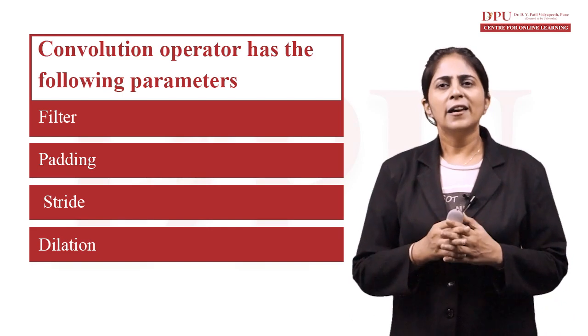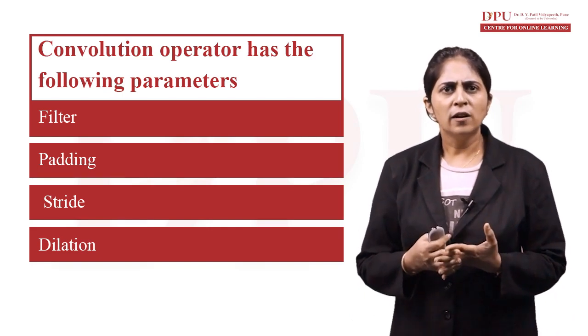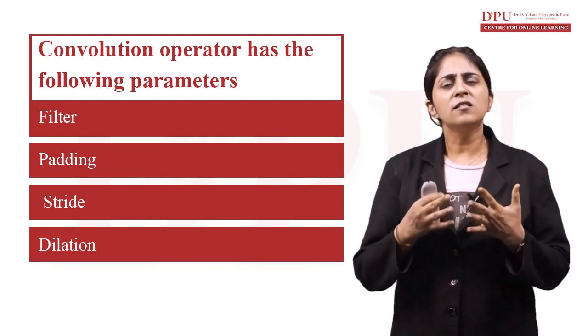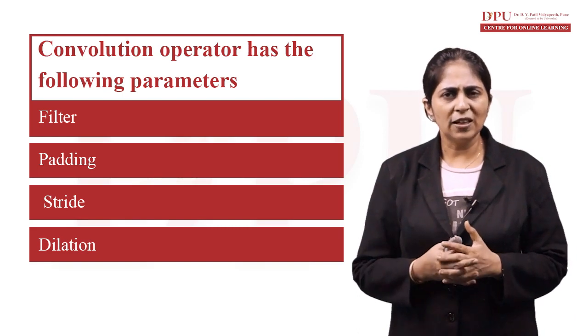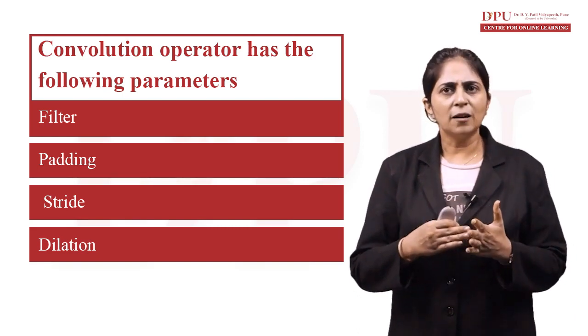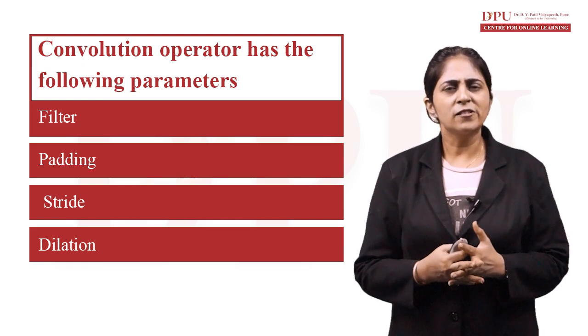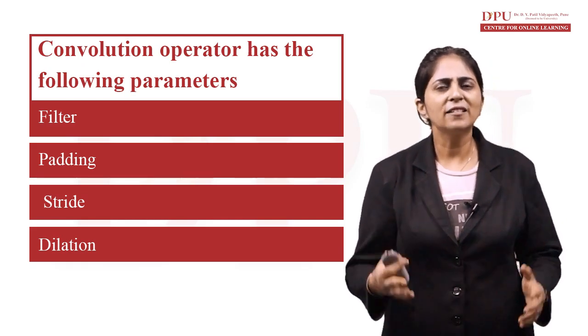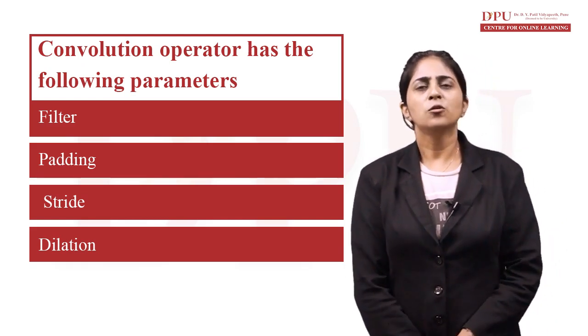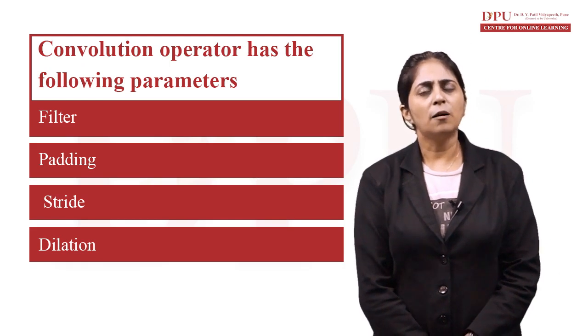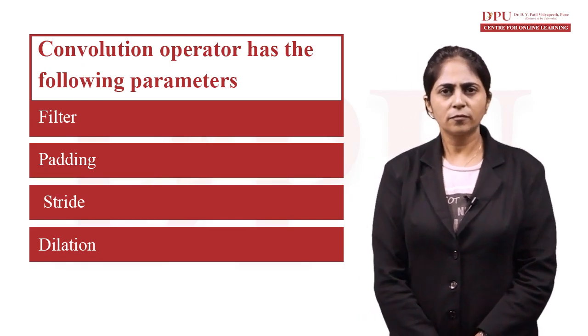If we set the dilation to 2, instead of a contiguous 3 by 3 subset of the image, every other pixel of a 5 by 5 subset of the image will affect the filter output. So that is how the dilation parameter works.